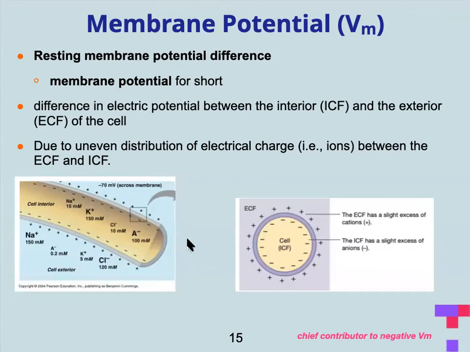For the anions, chloride mostly remains with sodium, so it's in higher concentration outside of the cell. Whereas phosphate and many large negatively charged proteins are the major anions inside the cell.